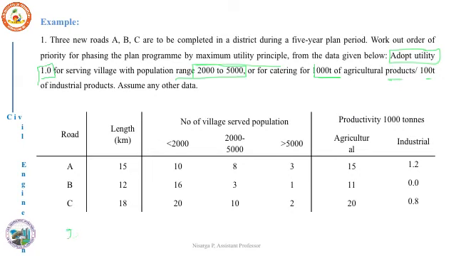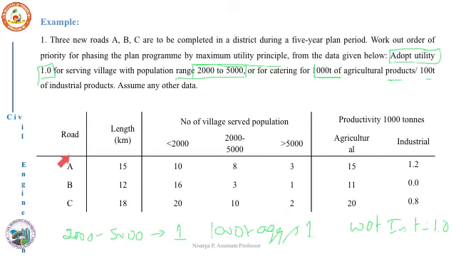So for population serving 2000 to 5000, utility value is 1, for 1000 tons of agricultural product utility value is 1, and for 100 tons of industrial product utility value is 1. For all other regions, we can suitably assume the value. The population and productivity served by the region along networks A, B, C are given in the table.